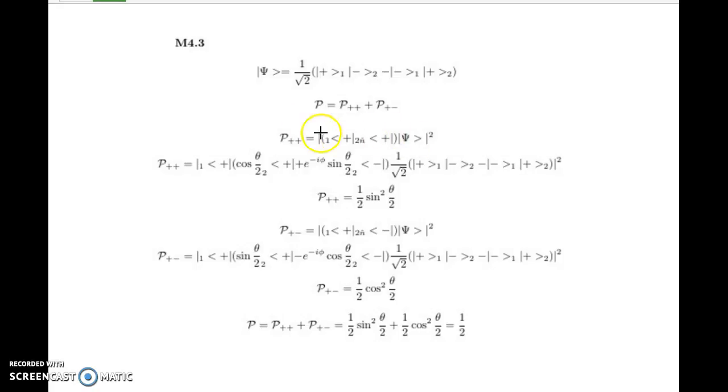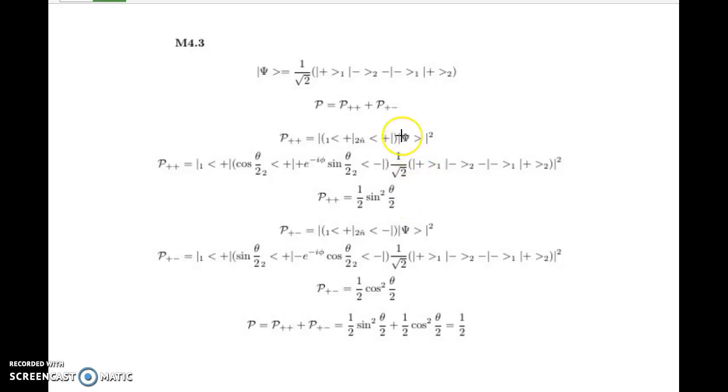And so expanded out, we replace this bra with this identity, so cosine theta over 2 bra plus, plus e to the minus i phi sine theta over 2 bra minus.